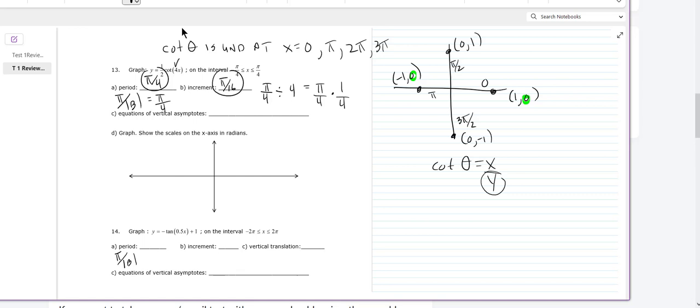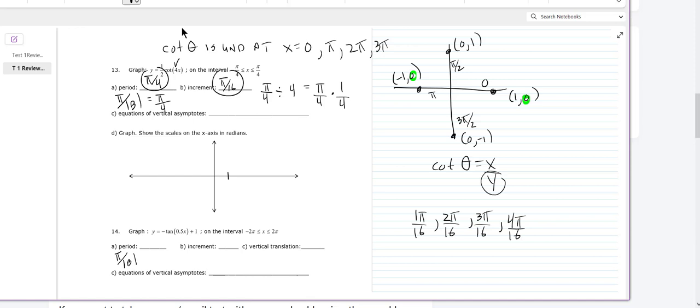Okay, so we're going to set up our x-axis now. And I'm going to count this like this: 1 pi over 16, 2 pi over 16, 3 pi over 16, 4 pi over 16, and so forth. You just go like that, and you reduce the fraction.